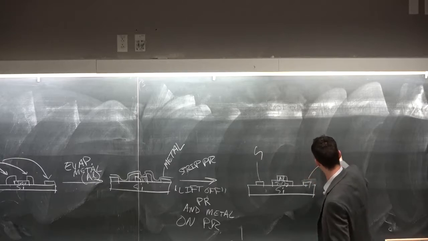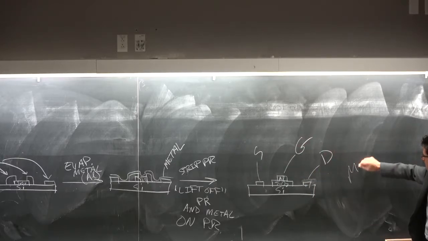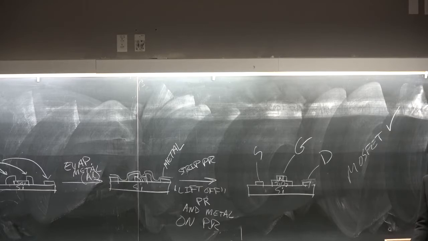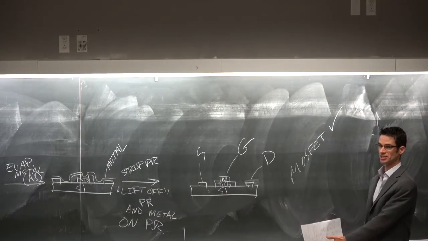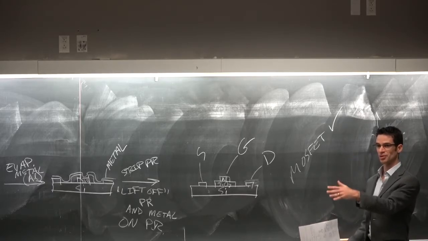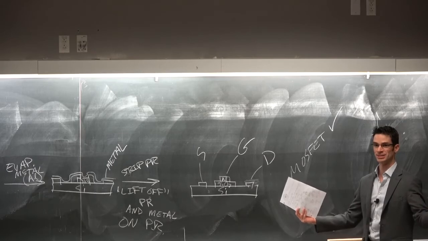Source, drain, gate. And we're done. So starting with sand, we've now made the basis of a logic circuit with which we can do binary logic, with which we can now sample digital signals and upload them to iTunes.